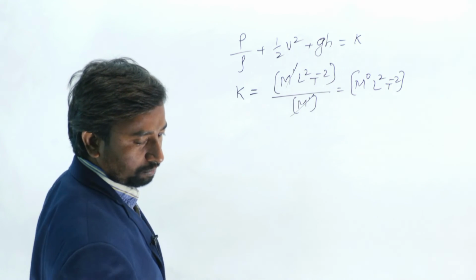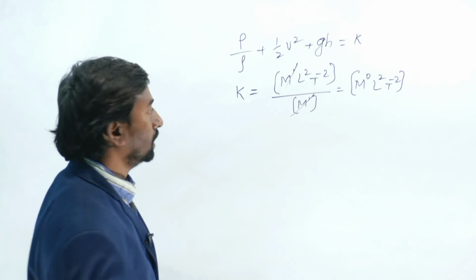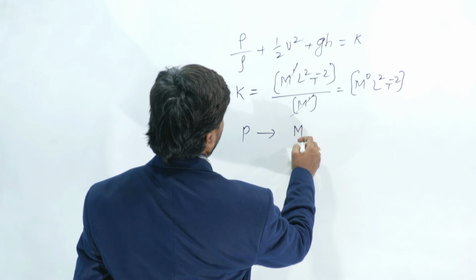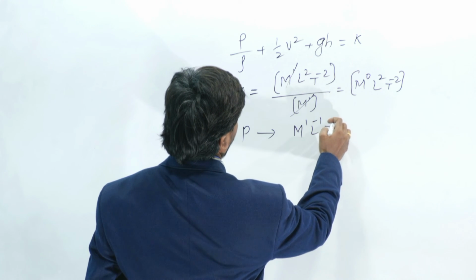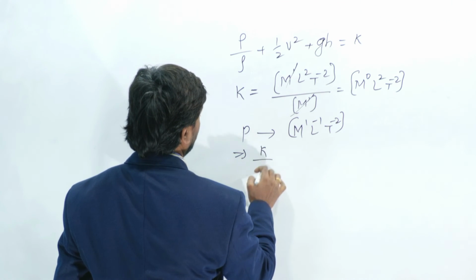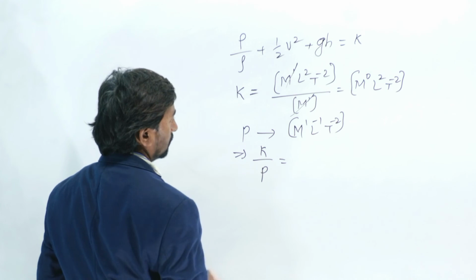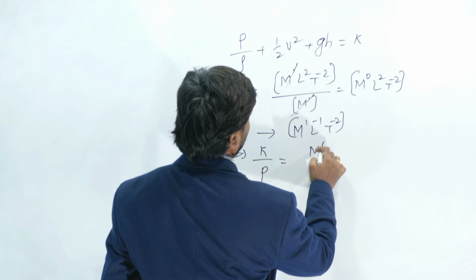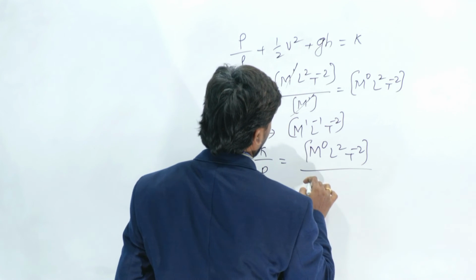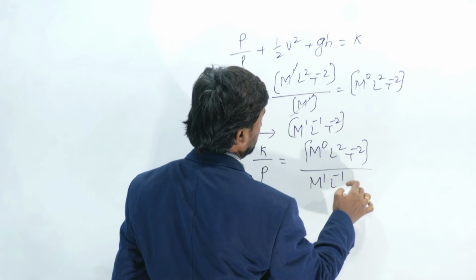And they are asking, P is nothing but the pressure. So the dimension formula of P is M power 1, L power minus 1, T power minus 2. Here they are asking the value of K by P. So K by P is M power 0, L power 2, T power minus 2 divided by M power 1, L power minus 1, T power minus 2.